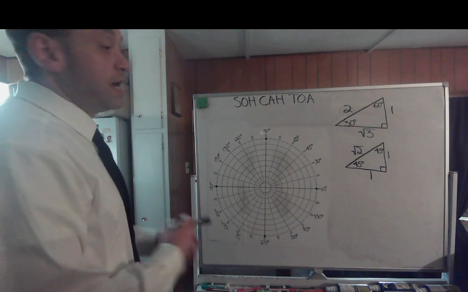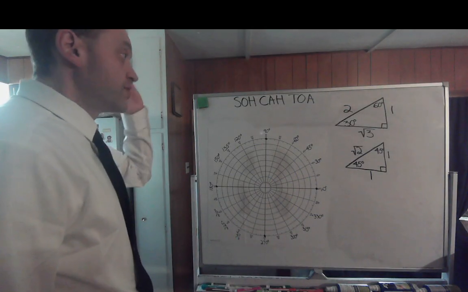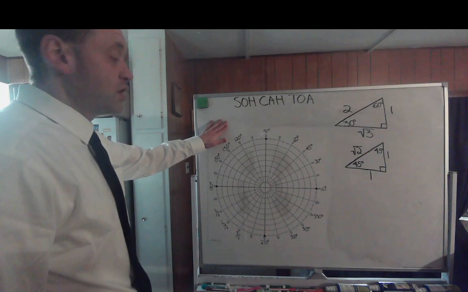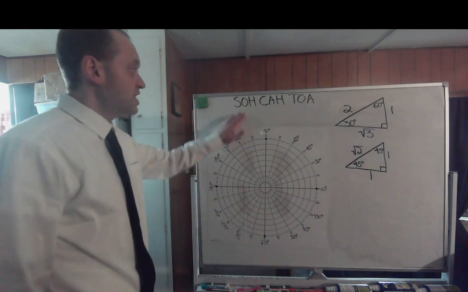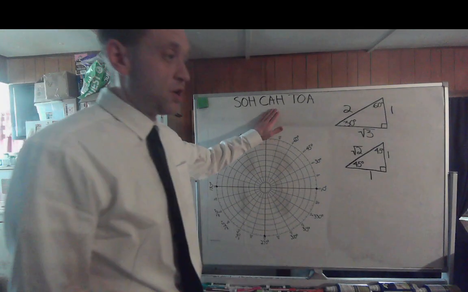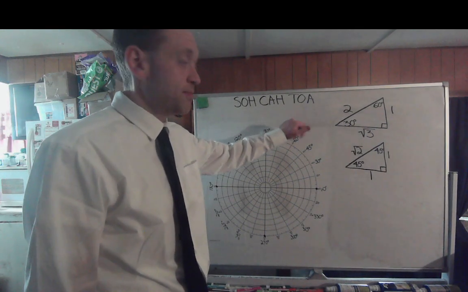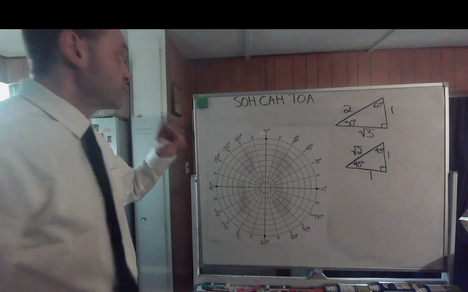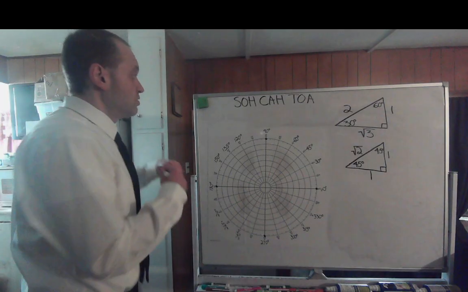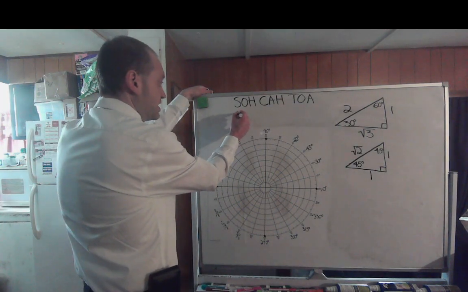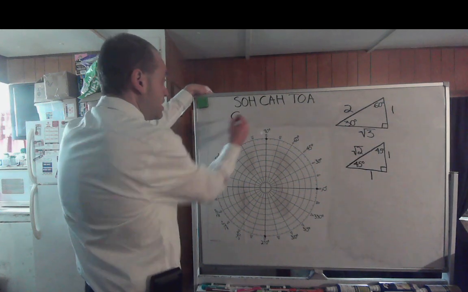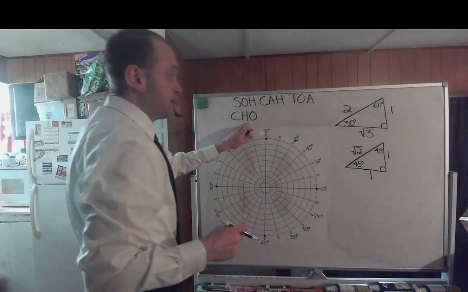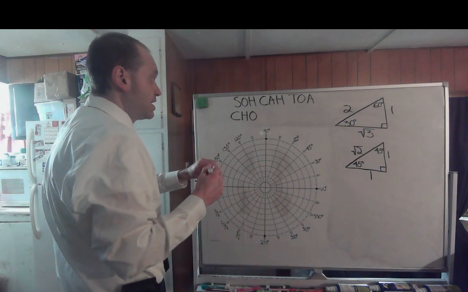And it's still true that you have the reciprocal functions. So if you understand that the cosecant's the reciprocal of sine, the secant's the reciprocal of cosine, the cotangent's the reciprocal of tangent, you would just switch it around. So let's say we want to talk about the cosecant. Cho. The cosecant would be hypotenuse over the opposite leg.